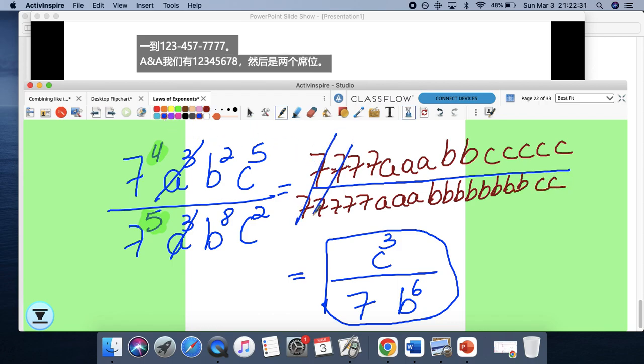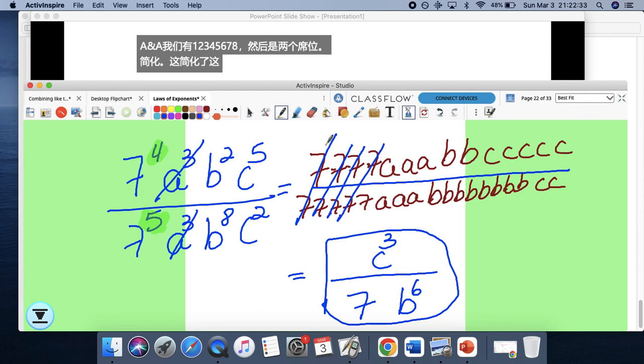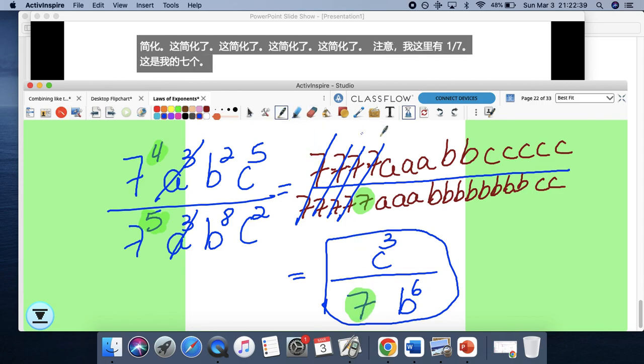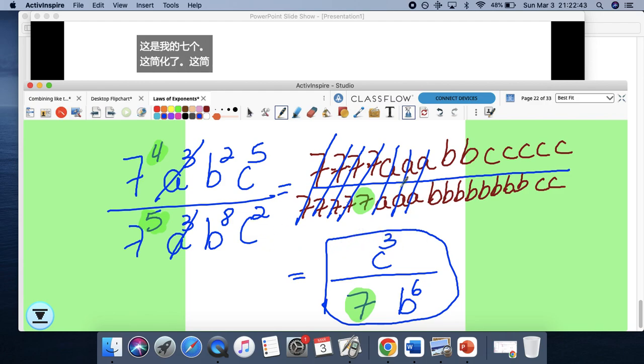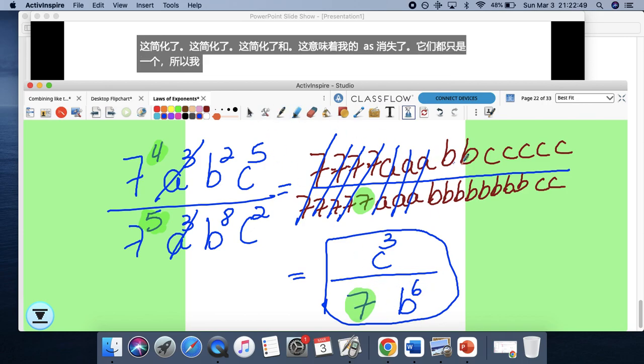Simplify. This simplifies, this simplifies, this simplifies, this simplifies. And notice I have 1 7 here. That's my 7 over here. This simplifies, this simplifies, this simplifies. And that means my a's are gone. They're all just 1. So I don't have any a's.